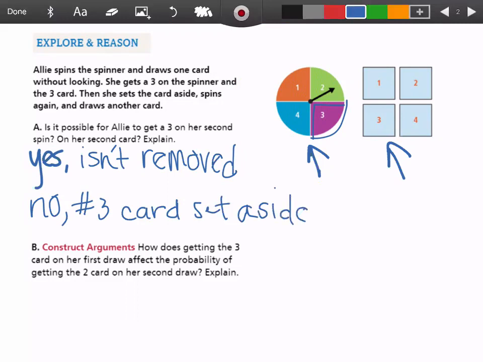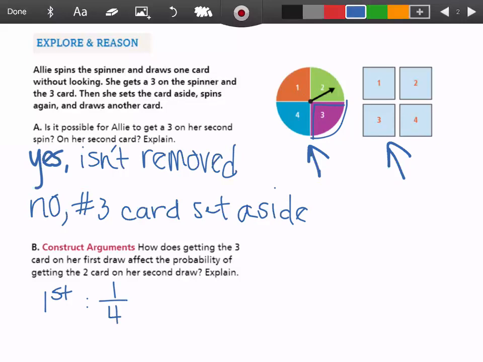So for part B, how does getting the 3 card on her first draw affect the probability of getting a 2 on the second draw? For the first pick, before she even picked the 3, the probability of getting any one of those numbers was 1 out of 4. So the probability of getting a 2 was 1/4.